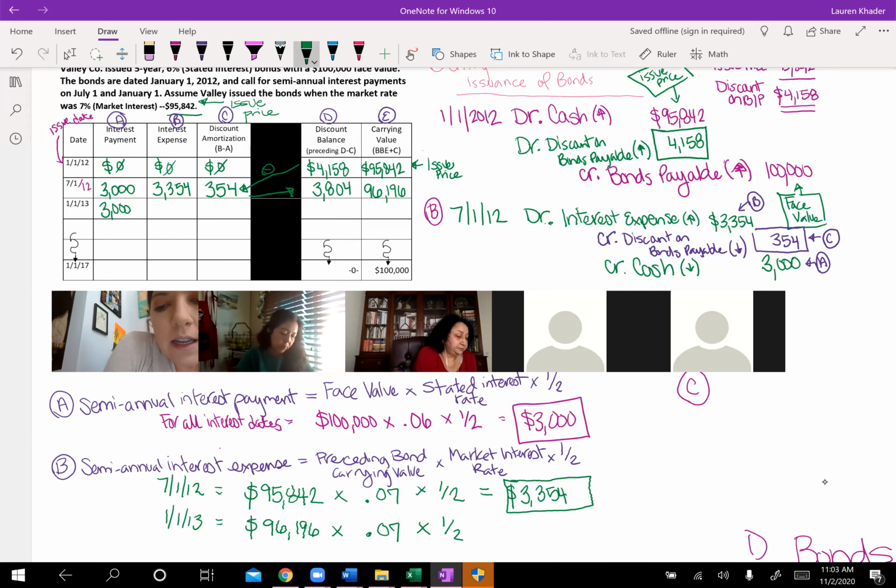So on this second semi-annual interest payment date, what amount is our interest expense? 3,367. 3,367, correct.